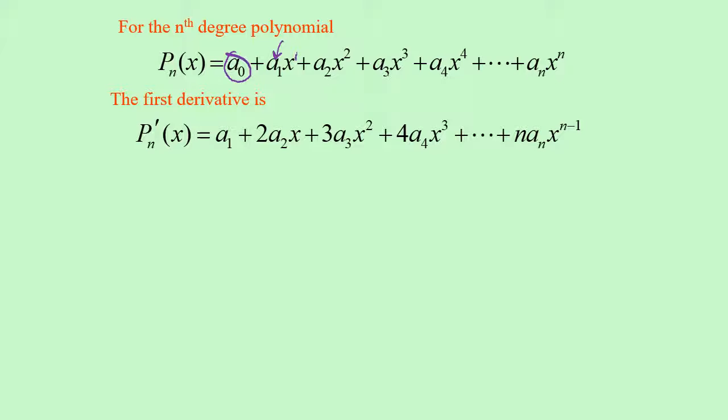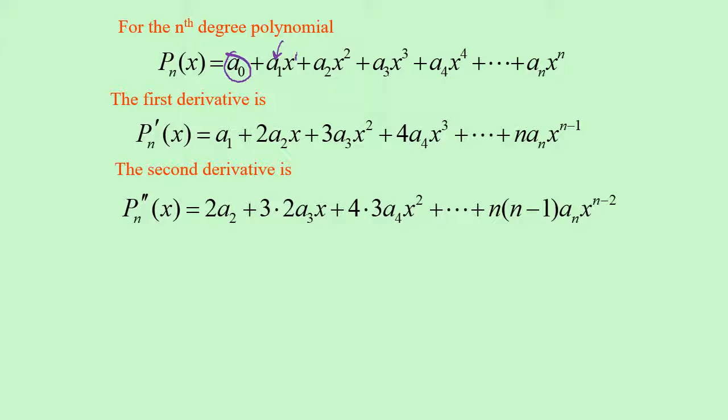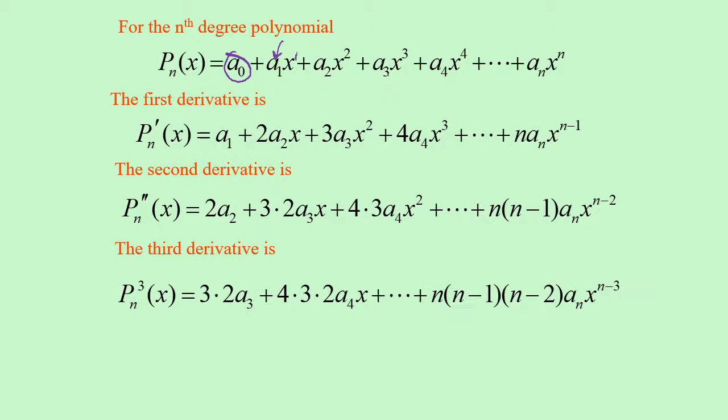Now here's the derivative, second derivative, and so on. Now we've already done this, so I'm not going to spend a lot of time explaining it other than to say go back over what I just showed you and come back and look at this slower if you need to.